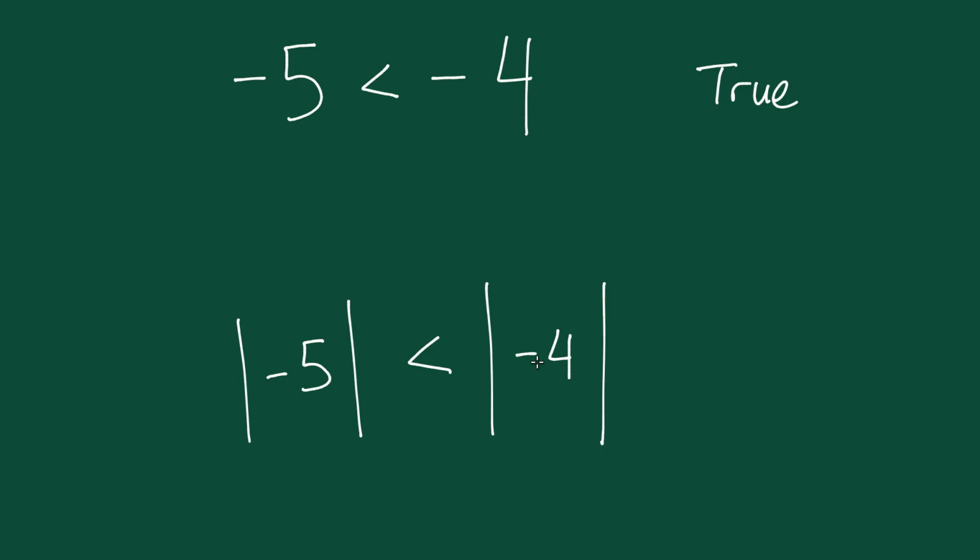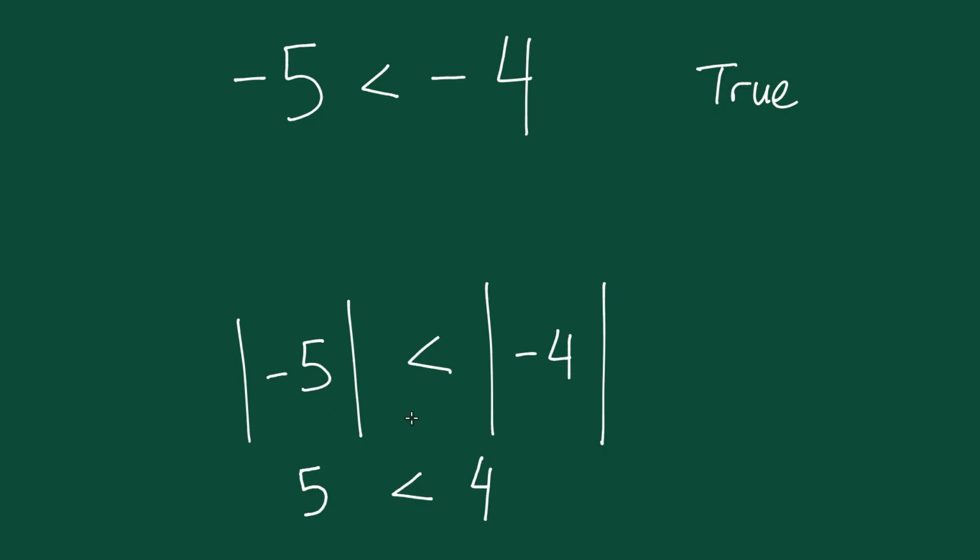But what about this one? Is the absolute value of -5 less than the absolute value of -4? If we're taking absolute value, then the absolute value of -5 would be a +5, and the absolute value of a -4 would be a +4.